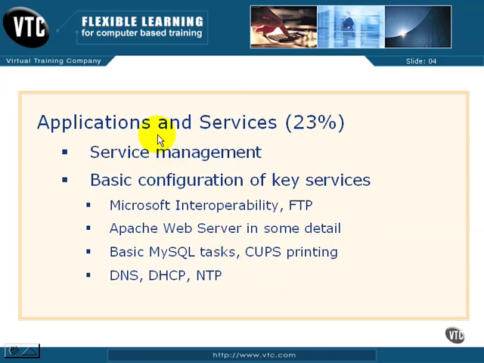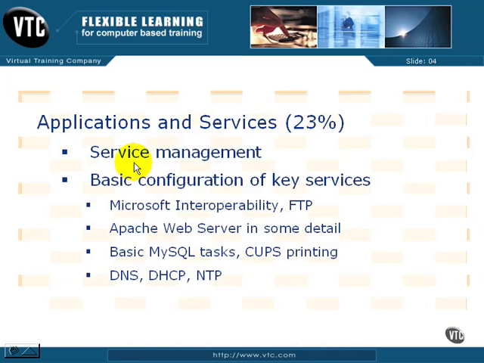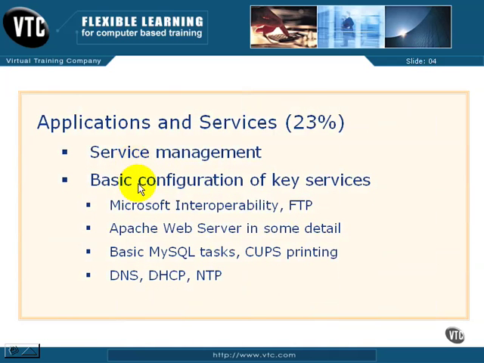Next, applications and services. This domain also addresses service management commands, similarly to some of the system maintenance and operations functions. But it goes more into coverage of the basic configuration of major Linux services. Some relate to Microsoft interoperability, such as Samba.